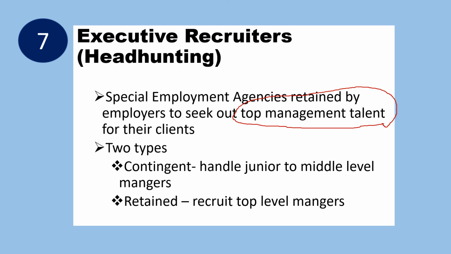They can be classified as contingent as well as retained. Contingent recruiters handle managers or higher roles, so junior to middle level managers are called contingent, and if you recruit top level managers, they could be retained executive recruiters.